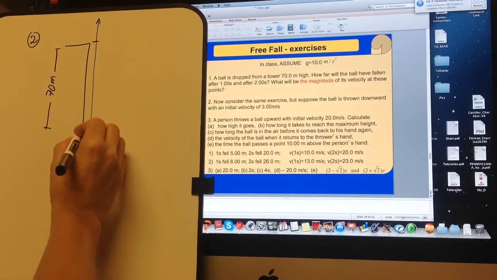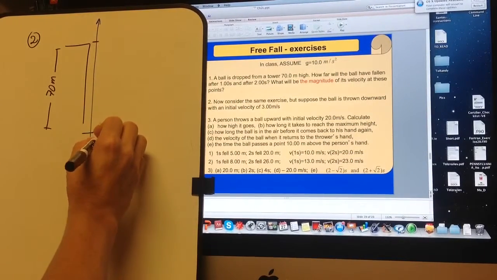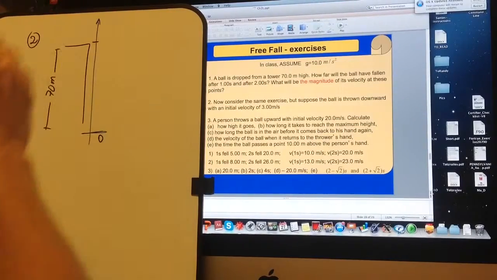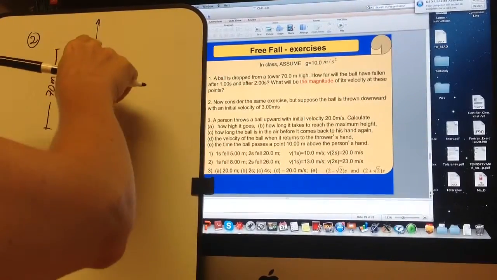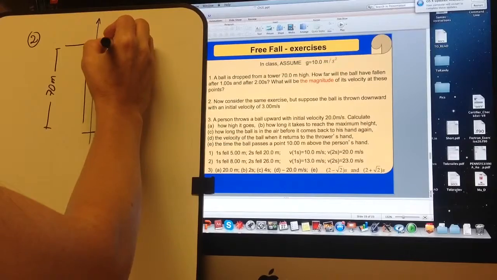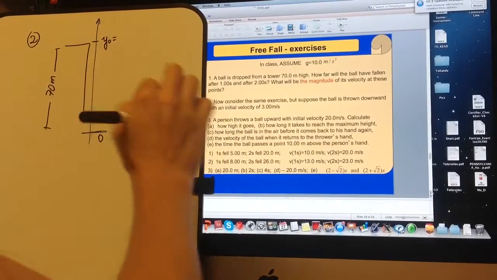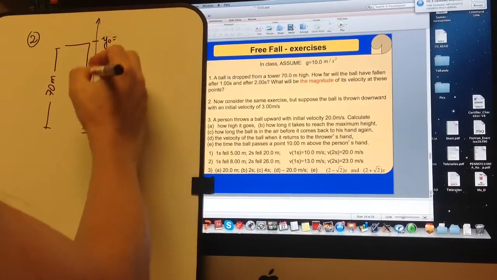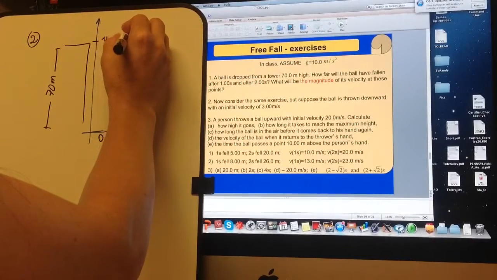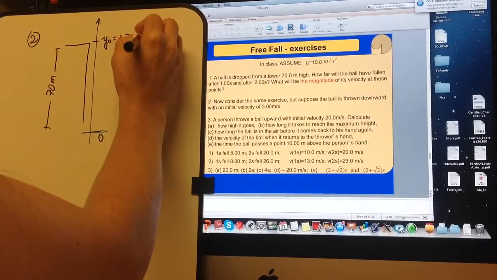So if I call this my 0 position and my frame is going up like that, so my initial position now will be what? This height is 70, so my initial position will be plus 70 meters.